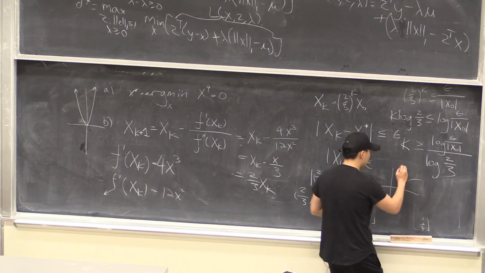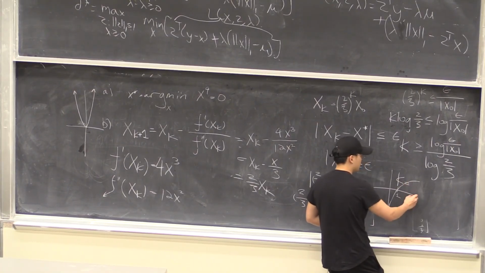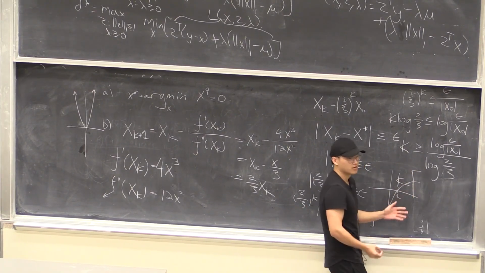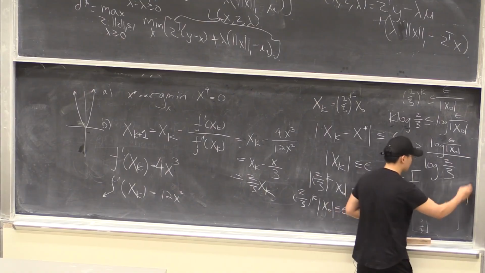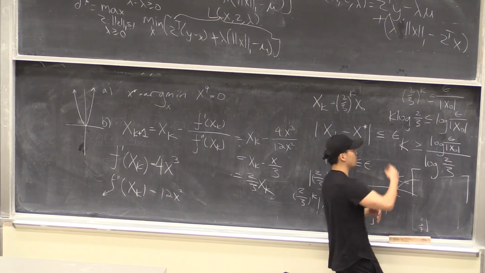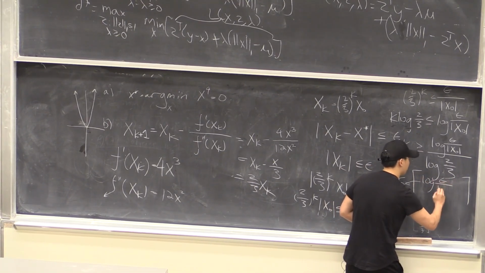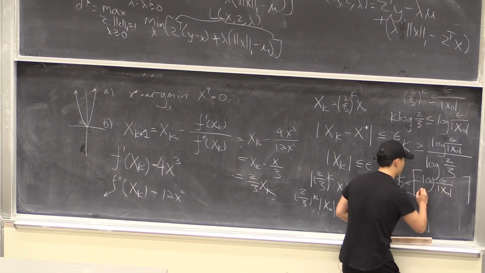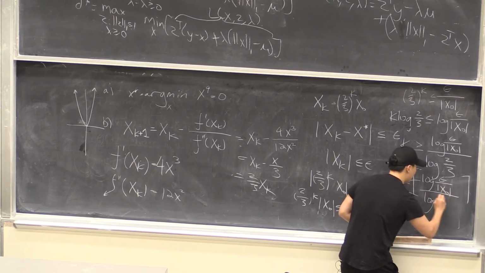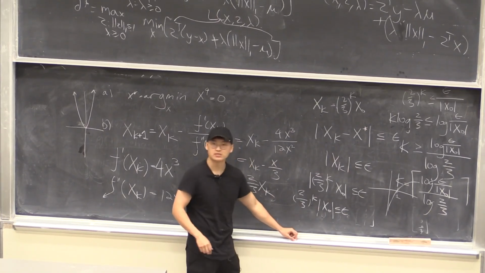So the final answer k is just the ceiling function, which rounds the value up, of this. It's kind of ugly, but that's the minimum number of steps.